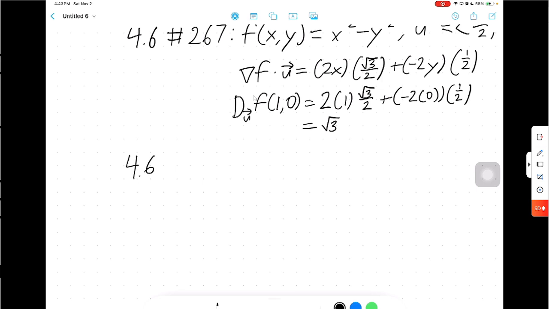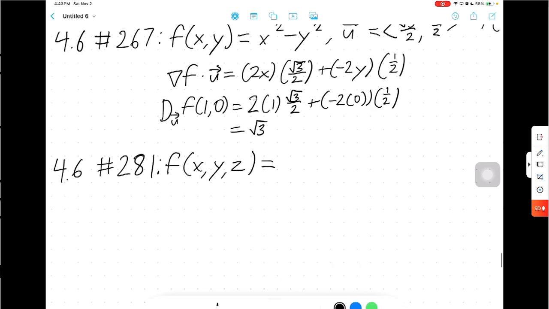281. Let's see, what is it? Oh, it's a gradient question. So this one's asking us to find the gradient of f of xyz is equal to xy plus yz plus xz at the point P of 1, 2, 3.